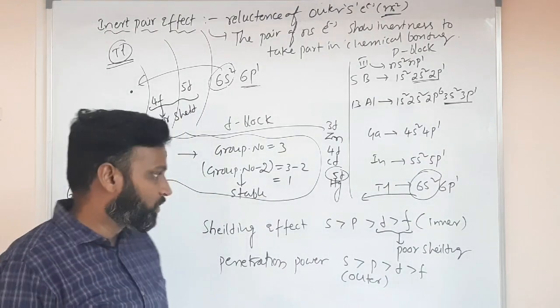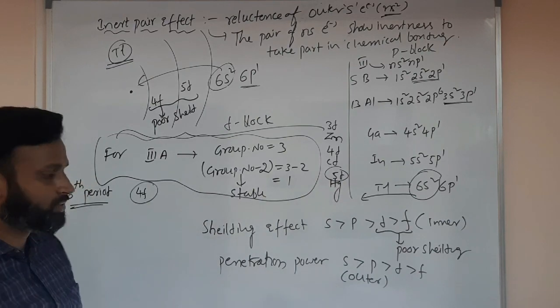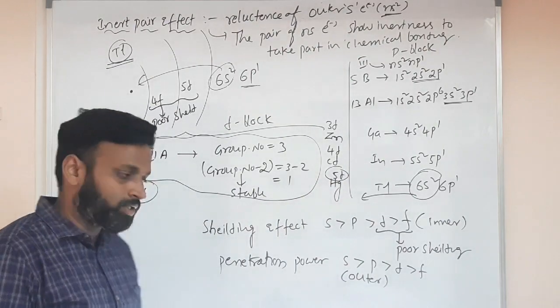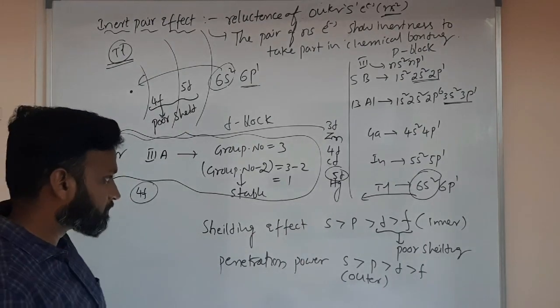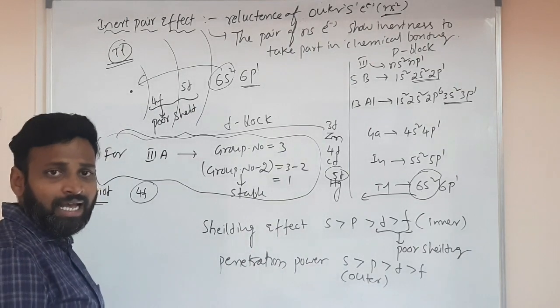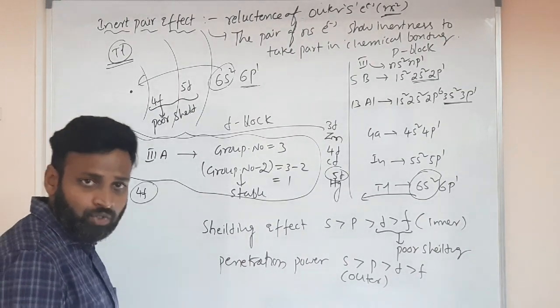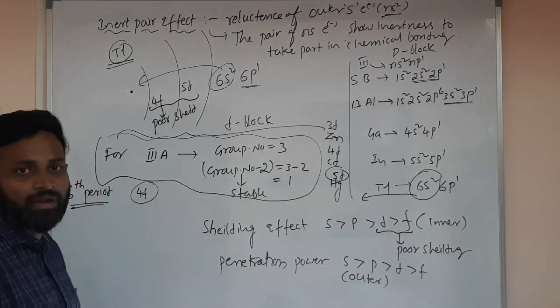Why? Due to poor shielding effect of inner d and f subshells. So what I said, understood? As going down, as you know already, the bottom elements have group number minus 2 valency, more stability, due to the inert pair effect.